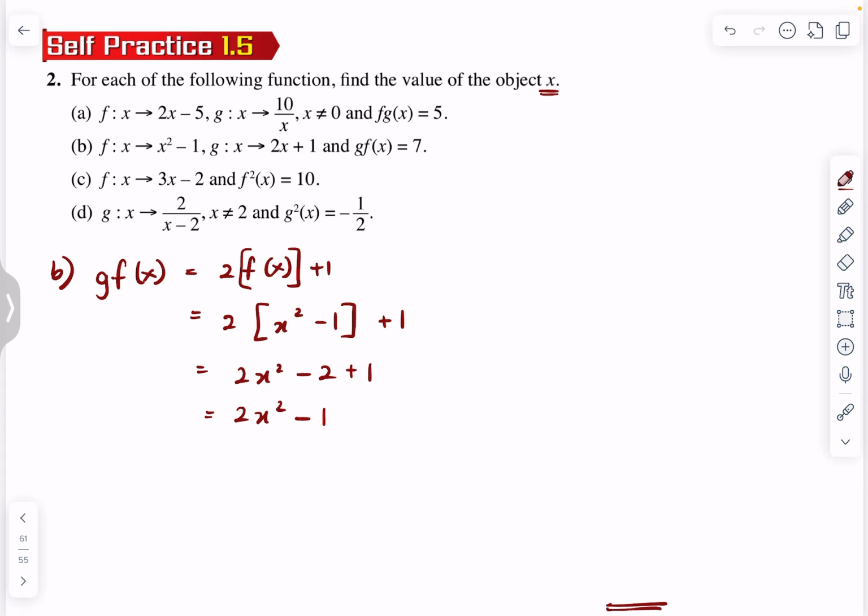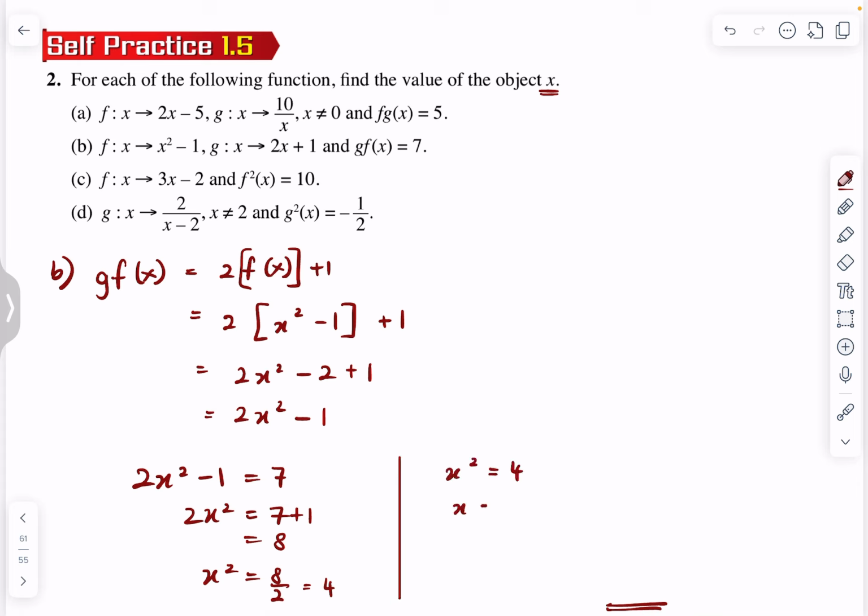We compare. So 2x squared minus 1 must be 7. 2x squared is 7 plus 1, which is 8. Then x squared is 8 divided by 2, which is 4. So if x squared is 4, x will be square root of 4.